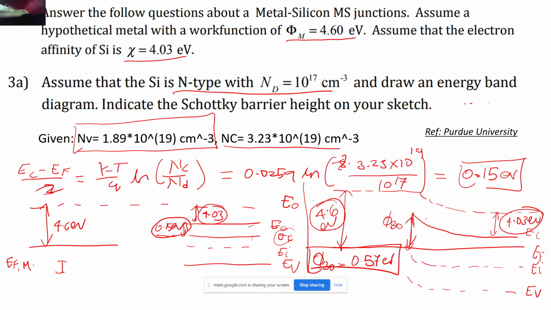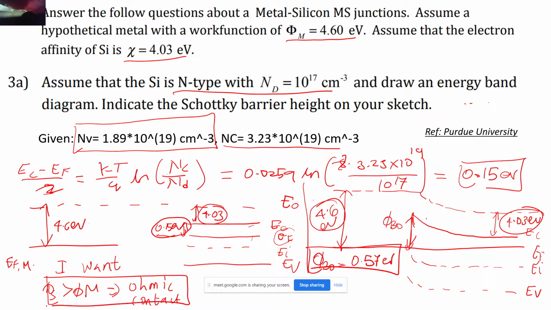So I want phi s to be greater than phi m for ohmic contact, correct? Now can you please tell me what should happen to the difference of EC minus EF? If I want phi s to become greater than phi m, then should the difference of EC minus EF increase or decrease?